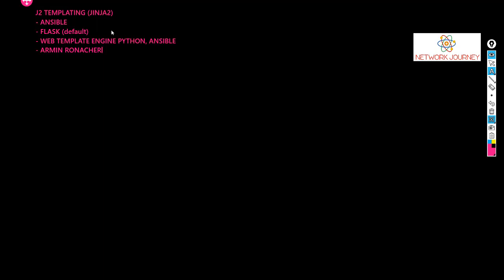It's open source in the sense you can find it under the BSD license. What else about this? So basically, why do we need J2 templating? For dynamic expressions, or I can say dynamic scalability of your scripts.